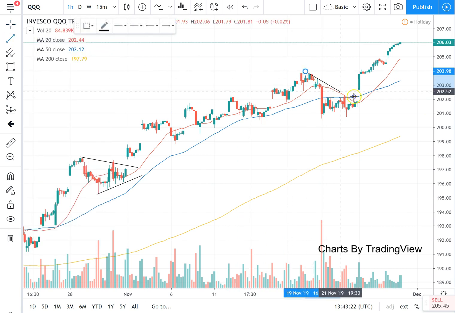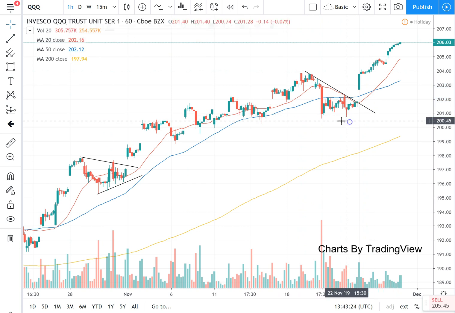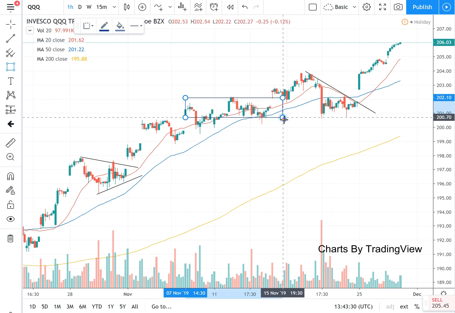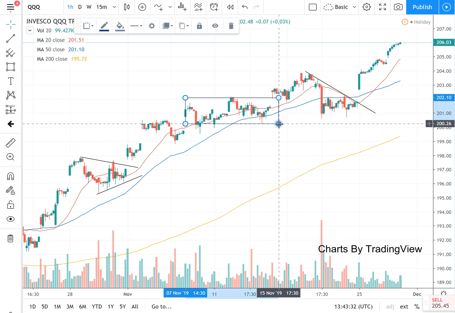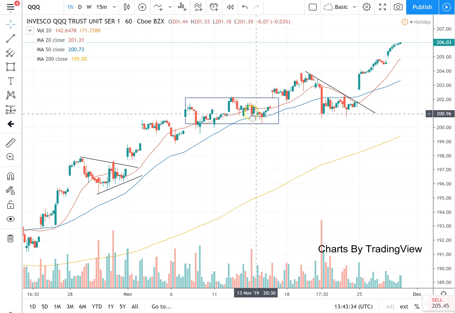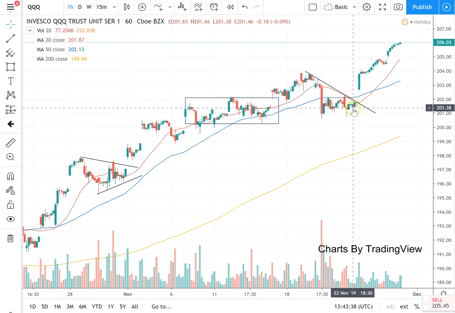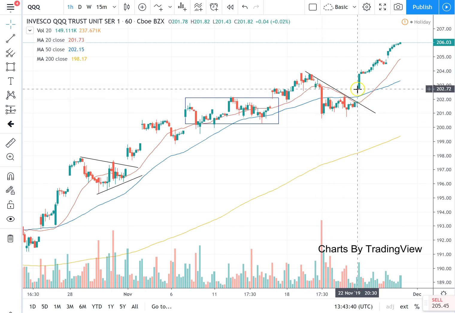For example, there's a break above a 60-minute downtrend line at a support area. This whole congestion area is actually a support area. When the QQQ drops to the support area and then breaks above a 60-minute downtrend line, actually this is a buy signal.